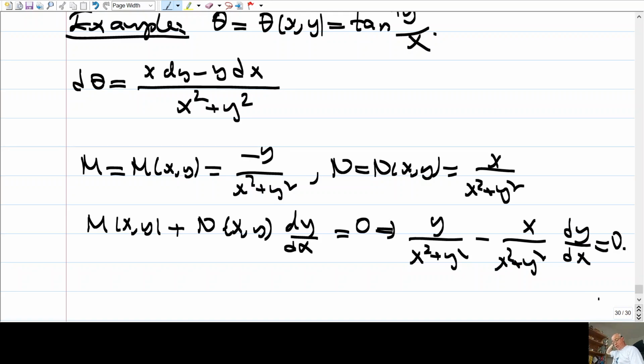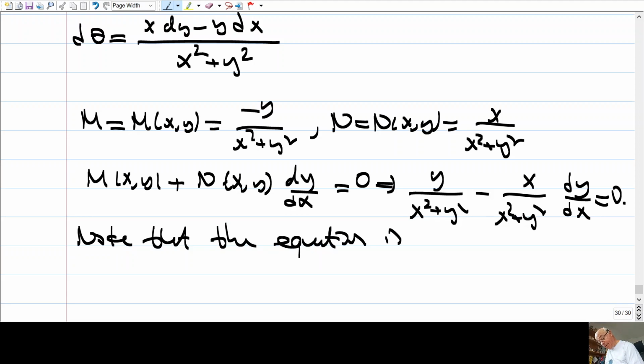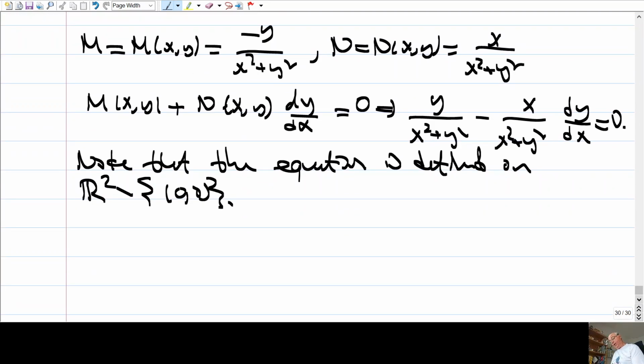So this equation is defined everywhere on the plane except the origin, right? So note that this equation is defined on R2 minus the origin, because at the origin the coefficient functions are not defined.